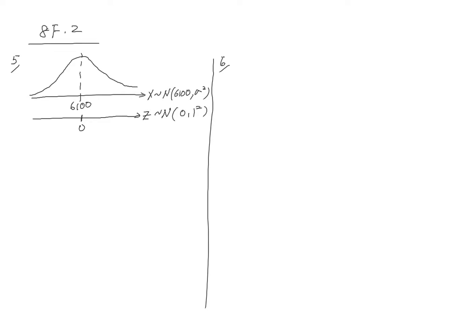Okay, then we have this is your 6,000. The area here is 0.85. The Z score, I don't know. I let it be Z1. Can anyone tell me, can I use my calculator and get the value of Z1?